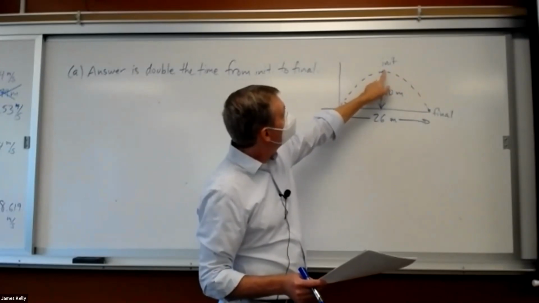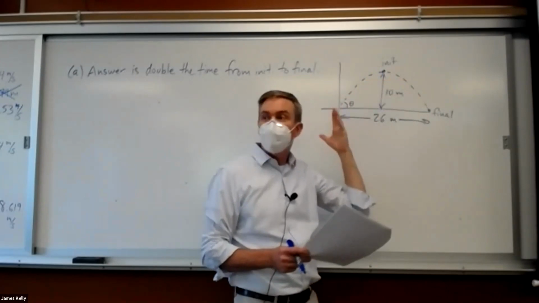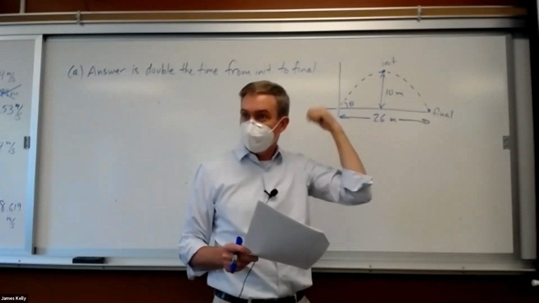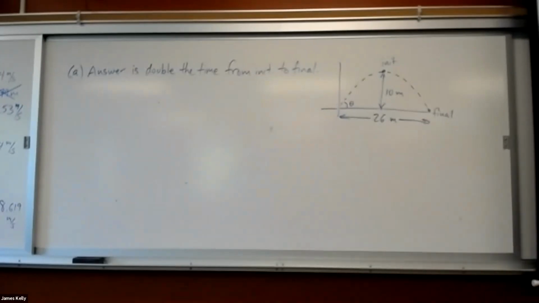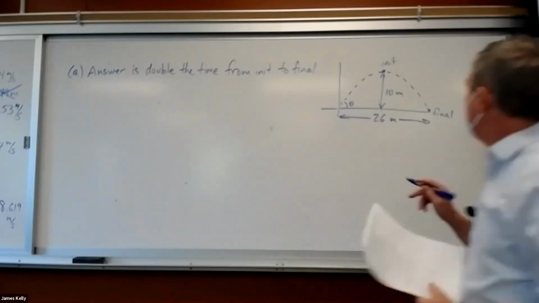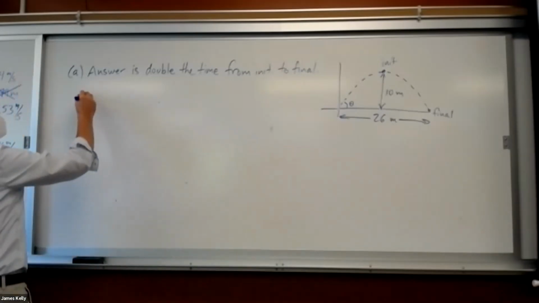If I can find the time between what I've labeled as initial and final, the time we're looking for is just double that time. So I've got to keep that in my head. Let's find a certain t, and we're going to double it at the very end. Now I'm going to use y versus t, and we'll see again why choosing the initial at the very highest point is really advantageous.